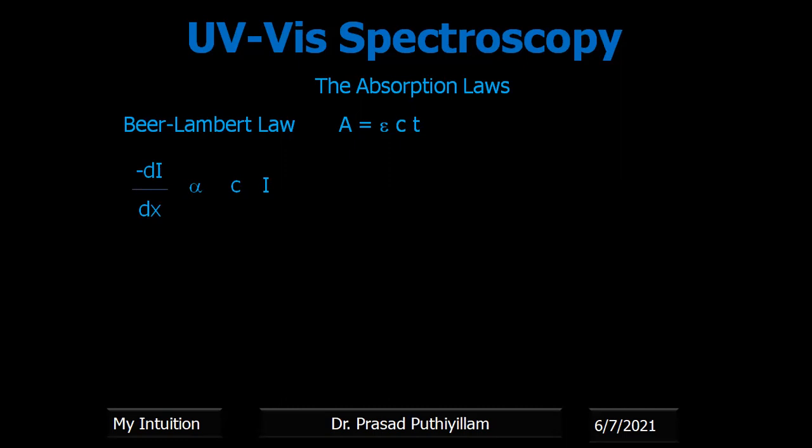If you vary the intensity of light, then it will vary. If you vary the concentration, then that value will also vary. That means in this expression, minus dI by dx is directly proportional to the concentration as well as the intensity.